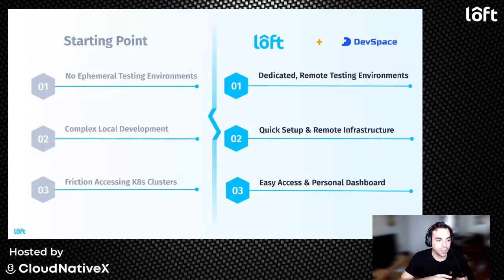Something that I didn't touch on too much, but that has been very helpful for us, is the last point, which is friction when accessing the Kubernetes clusters. Obviously, our development clusters are pretty locked down in terms of access, or they previously were.